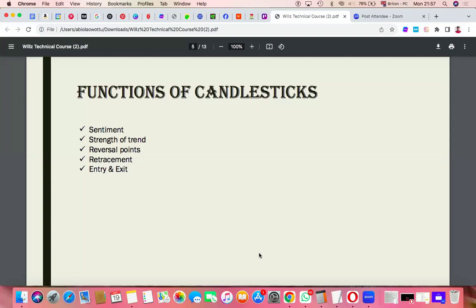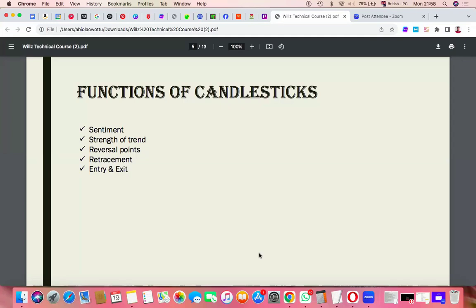For example, when you see three marubozu candles in an uptrend, you know that institutional traders are at times joining the market and manipulating prices to their favor. At times you could see a reversal candle like a doji, or a dragonfly, and it will be telling you something. Different traders have different names for these candlesticks, so don't get confused at all. It's still the same thing, portraying the same thing for you.